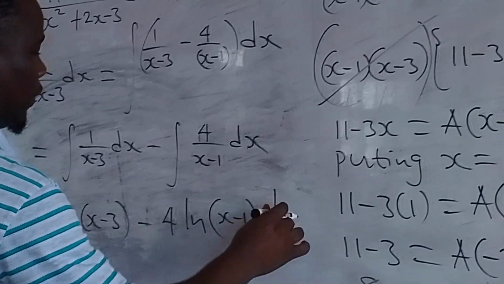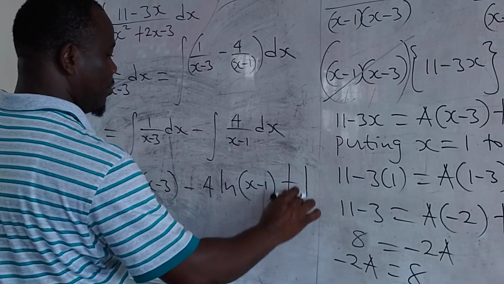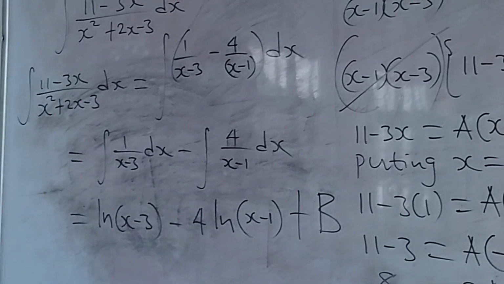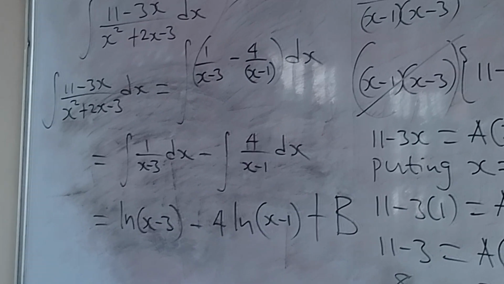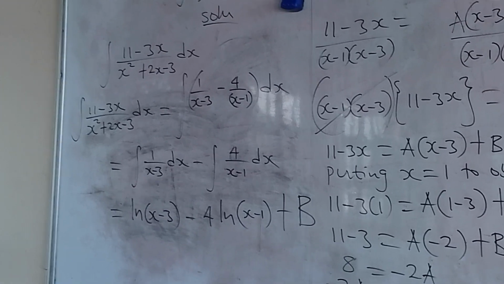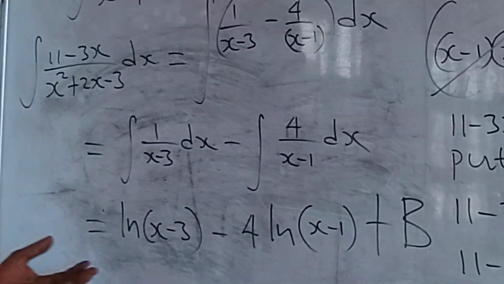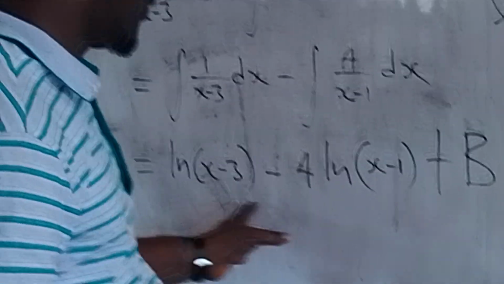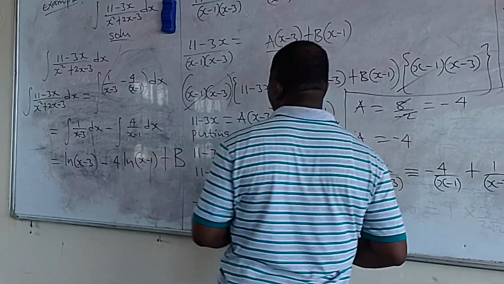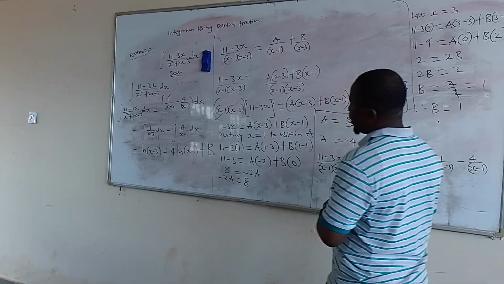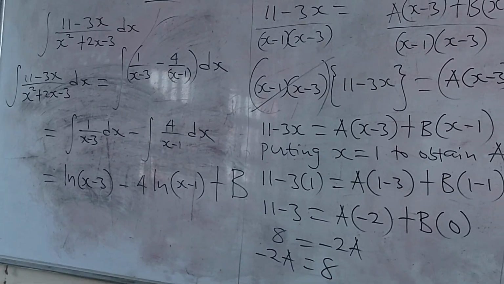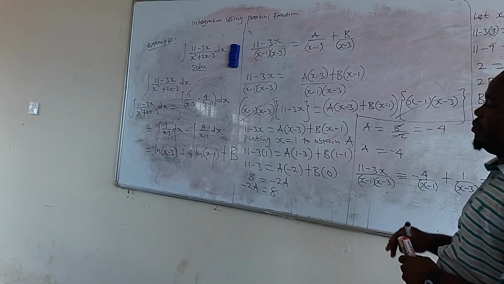If you are integrating any function, there will be a constant, either k or any other alphabet. Do you understand? So this is where you are going to stop. But we can still move further, but for the sake of brevity, let's stop here.